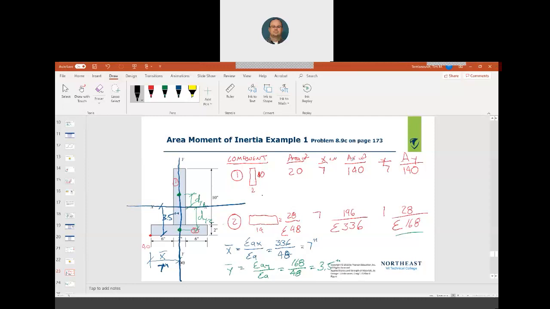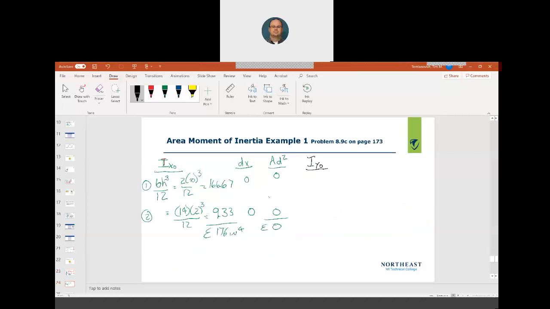So B is still 2 and H is still 10, but the formula gets switched around. So it is HB cubed over 12. This one is 10 times 2 cubed divided by 12 for component 1. And then this is 2 times 14 cubed divided by 12, because my H is first and now my B is second.